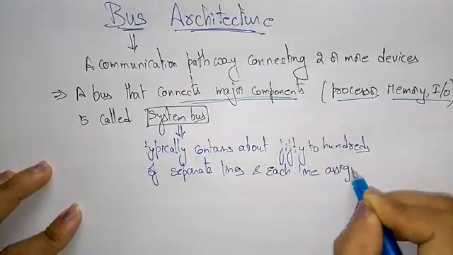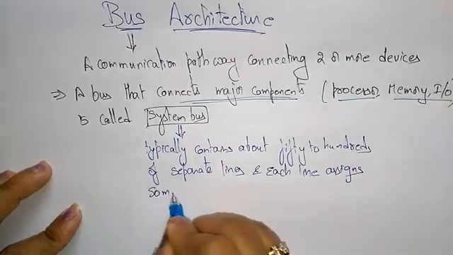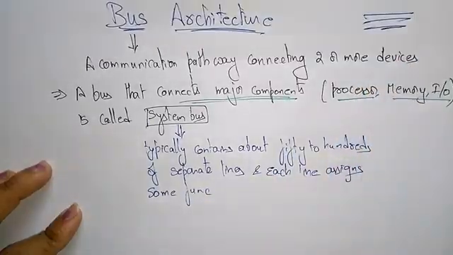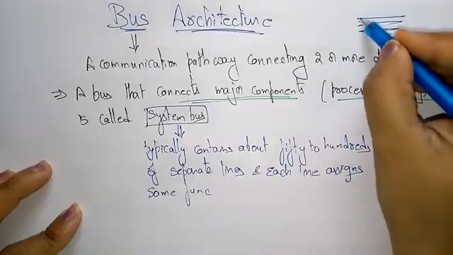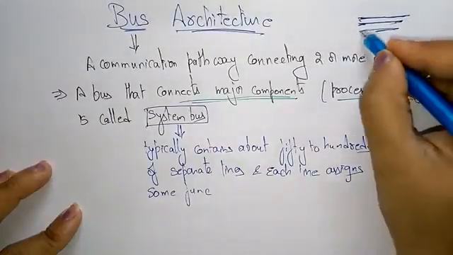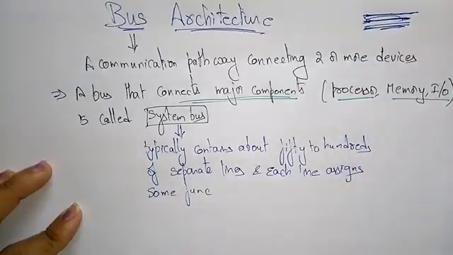What does it mean? Whatever bus you take, a bus consists of a set of lines. A single line you don't call a bus. So a system bus consists of a set of lines, a set of bus lines.